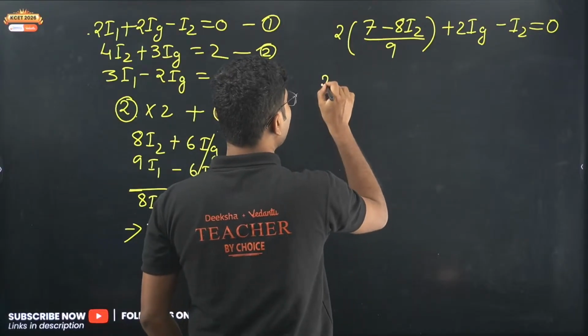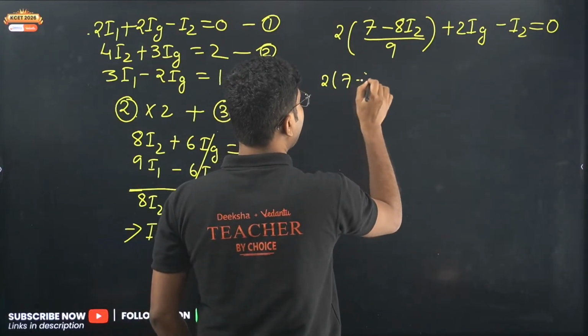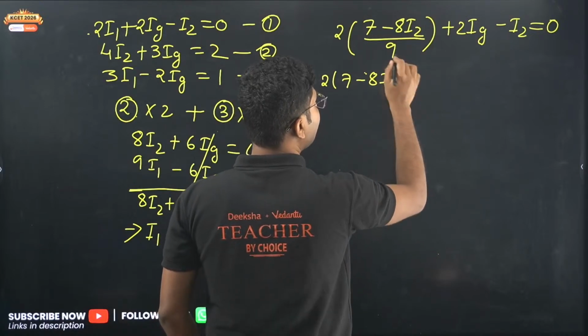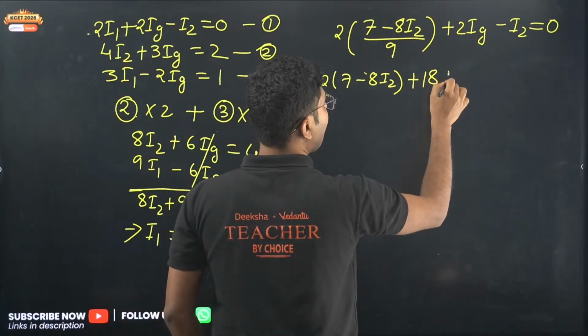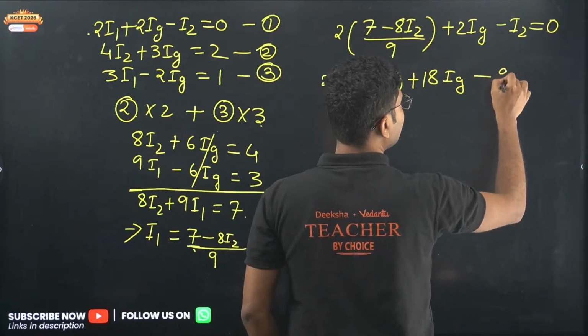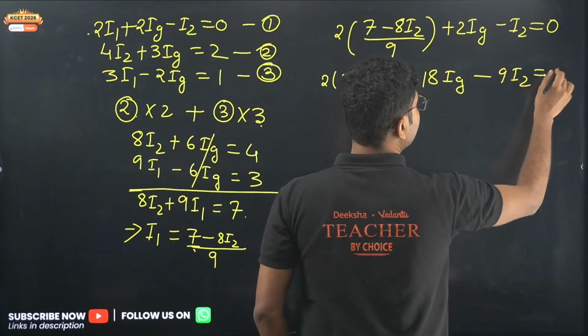We get 2 into (7 minus 8 I2) plus 9 into 2 is 18 IG, minus 9 into 1 is 9 I2, equals 0.